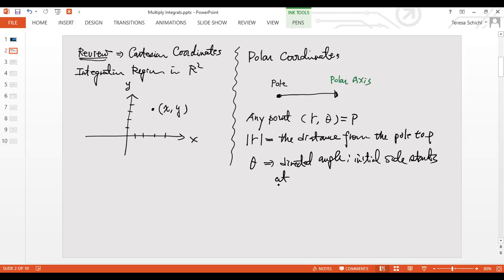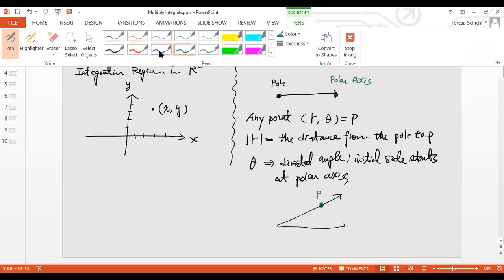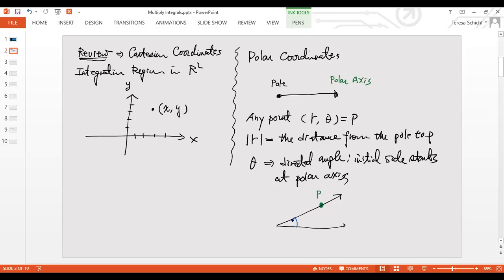Okay, so for example, if here I have a point, this is the P. So this is the angle, right? If this is a 30 degree angle or pi over 6 here, then the length is here.